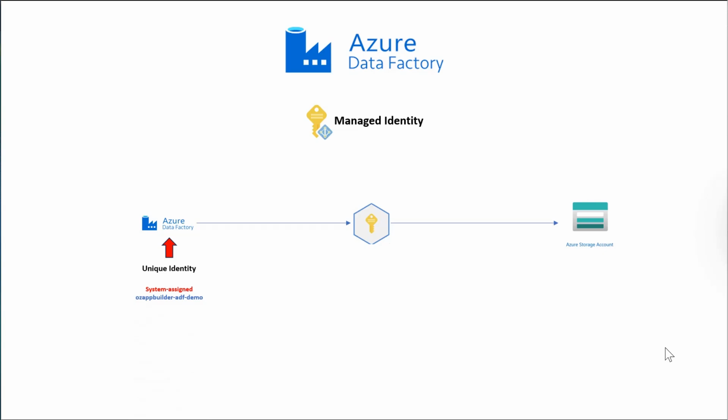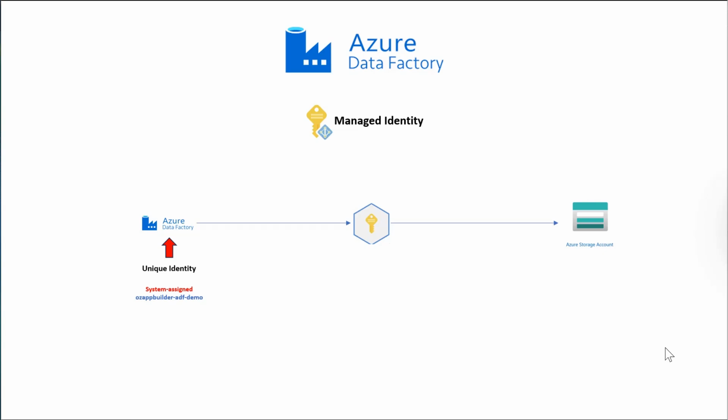The system assigned one is assigned by the system automatically when you create the Azure Data Factory, and it's normally the name of the data factory. In our case, our ADF name is OSA builder-ADF demo, so the system assigned identity is this name, but you can create a user assigned identity as well.